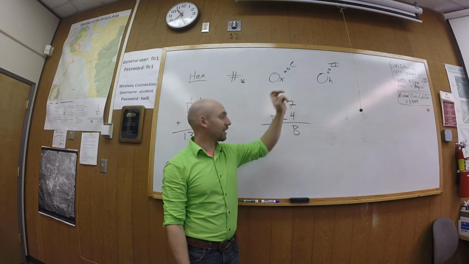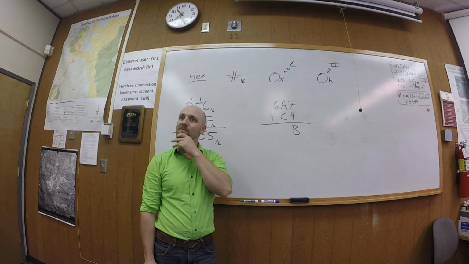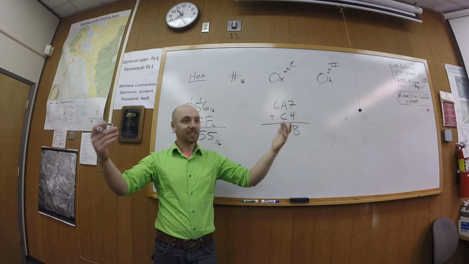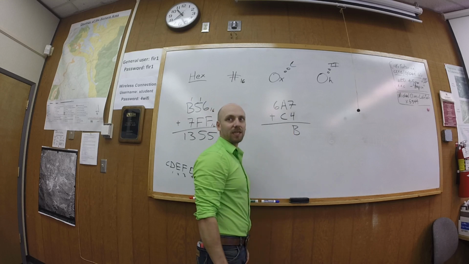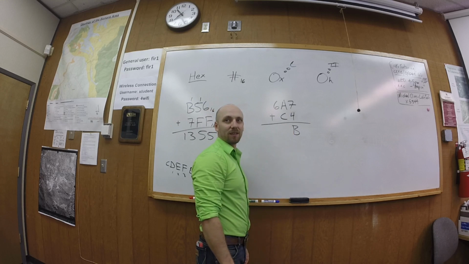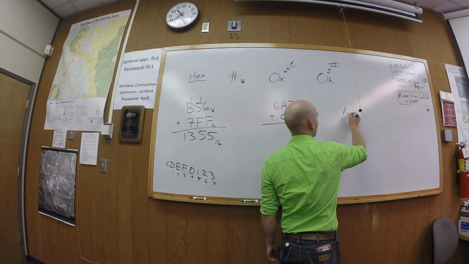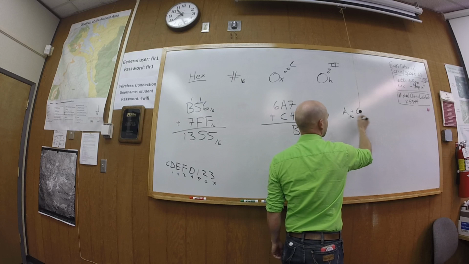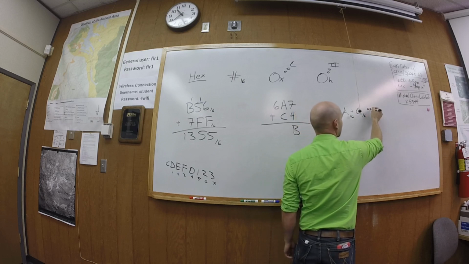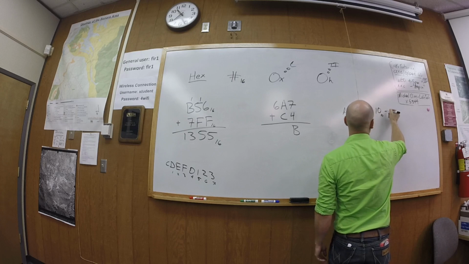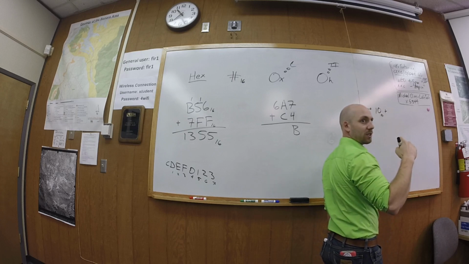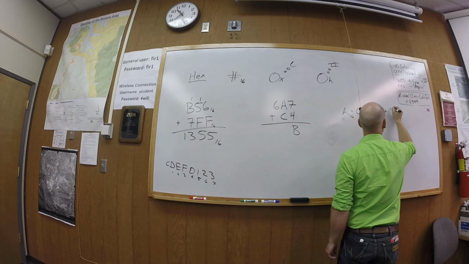So I got B. Why didn't I carry anything? You didn't hit 16 yet. Because I didn't hit 16 in that add problem. So here I have A plus C is 6, carry 1. If I think to myself in base 10, this is 10 plus C is 12.